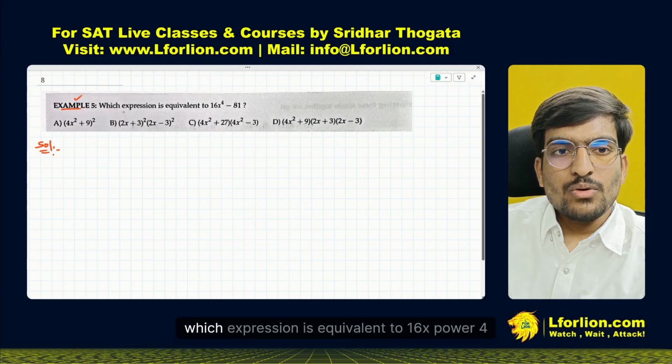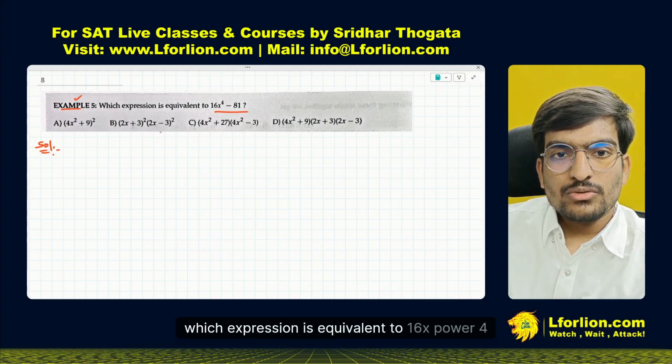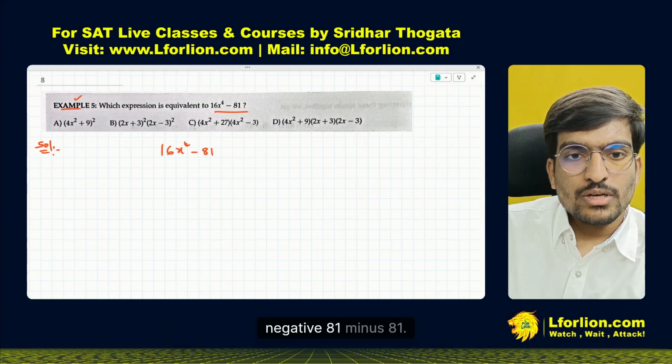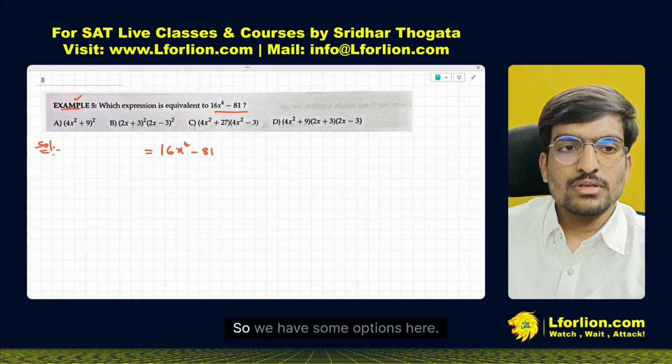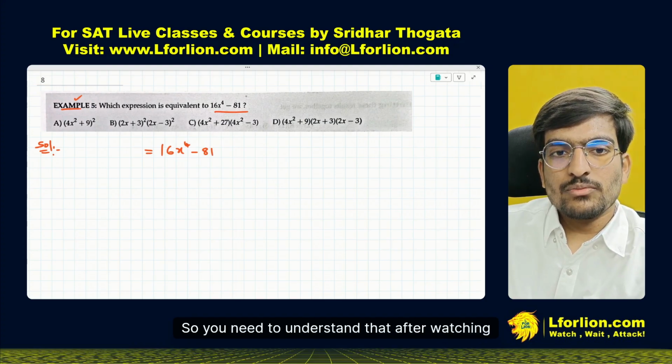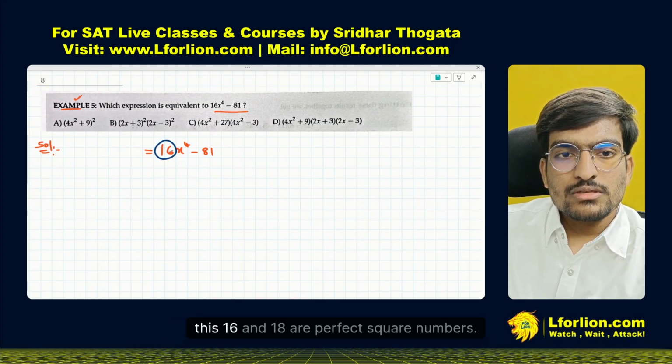Example 5: which expression is equivalent to 16x power 4 minus 81? So we have some options here. You need to understand that after looking at these numbers, 16 and 81 are perfect square numbers.